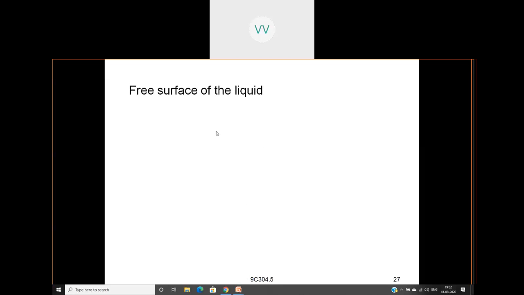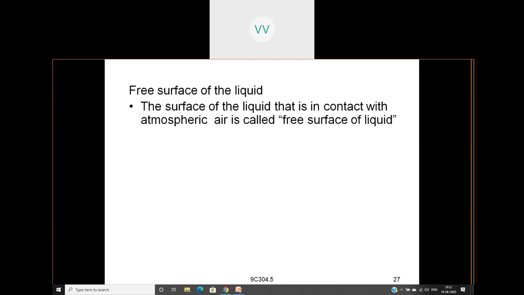Now the free surface of the liquid is the surface that is in contact with the atmospheric air, which causes pressure on the surface of the liquid.